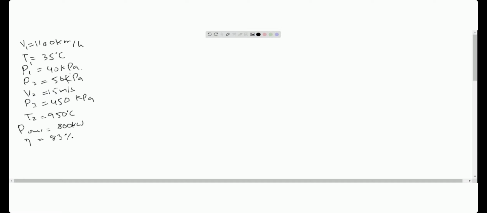Using variable specific heats, determine the pressure of combustion gases at the turbine exit, the mass flow rate, the velocity of the gases at the nozzle's exit, and the propulsive power and propulsive efficiency for this engine.